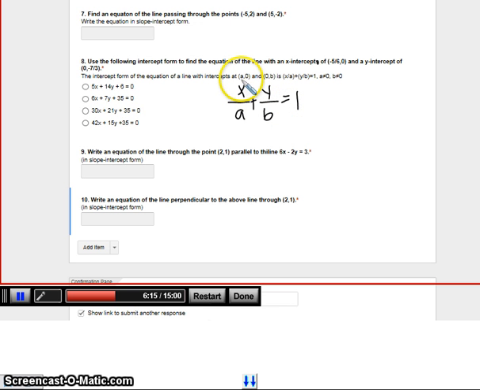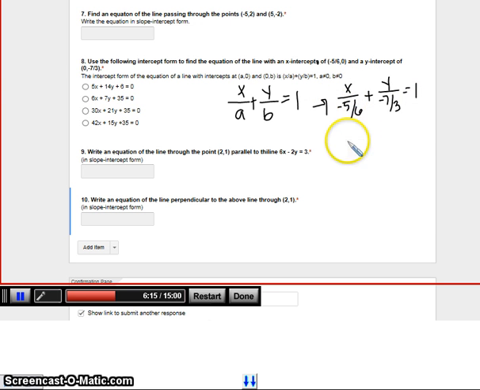So I want to plug my x-intercept, which is my a, in right here for a. So I'm going to have x over negative 5/6 and then plus y over negative 7/3 equals 1.